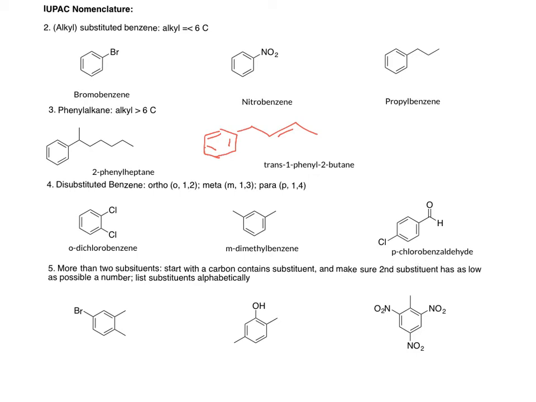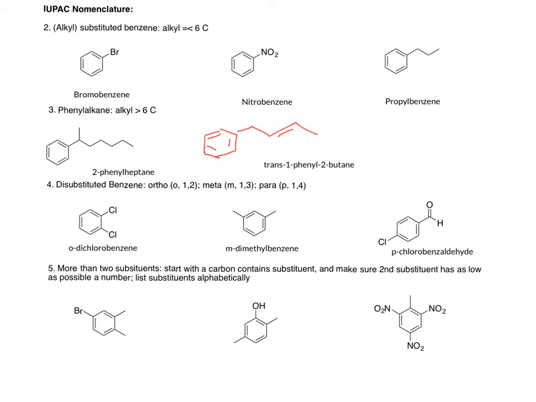If you have more than 2 substituents, you have to identify the position of all the substituents. In this case, you want to make sure that your carbon number 1 always has a substituent bonded to it, and your second substituent also has as small a number as possible.